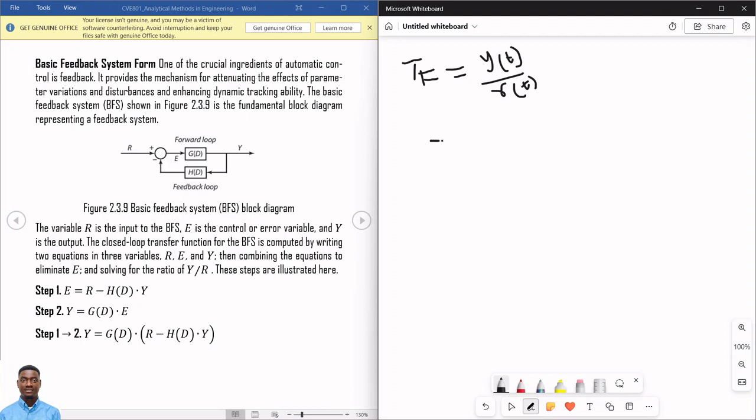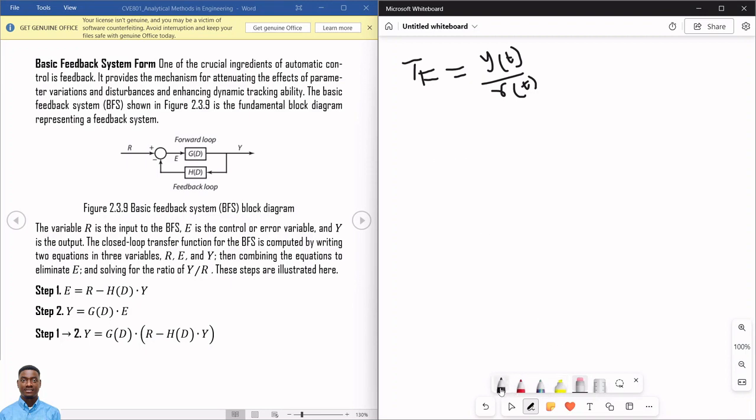So E here equals Y minus whatever the value of R is. Okay, let me just do this first.